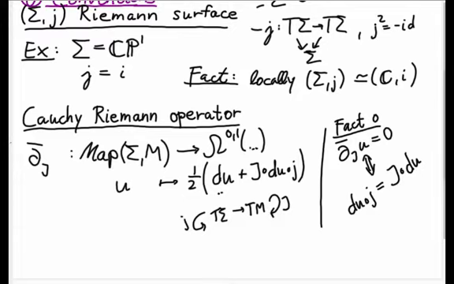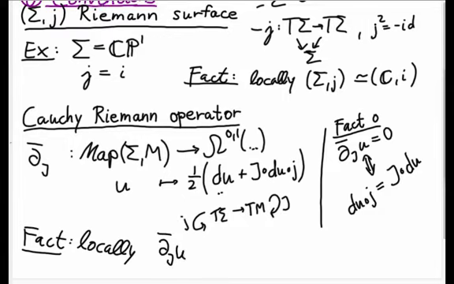So the other fact is that locally, and that's important for the analysis, my d-bar operator looks like the d-bar operator that we know from single variable complex analysis.